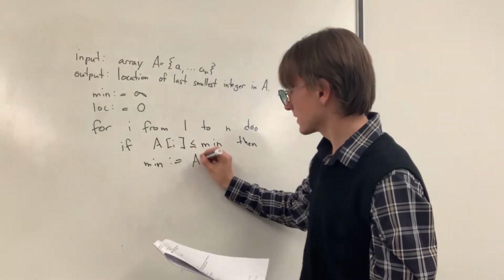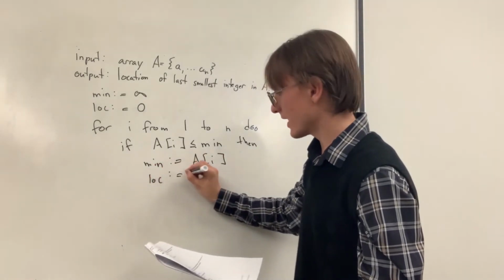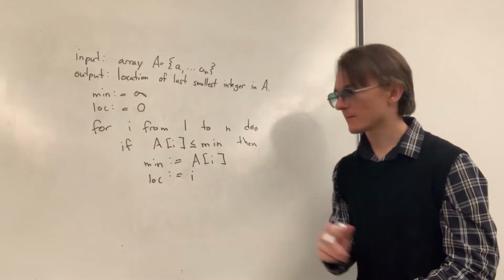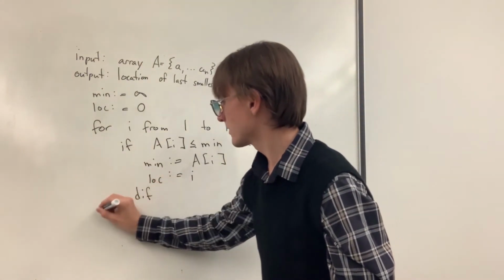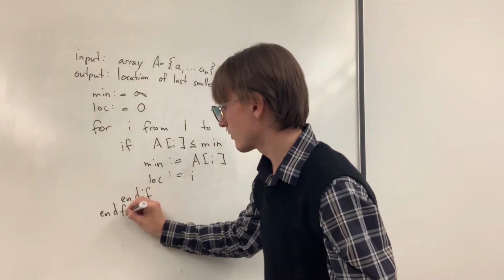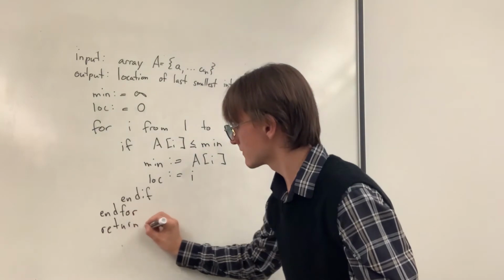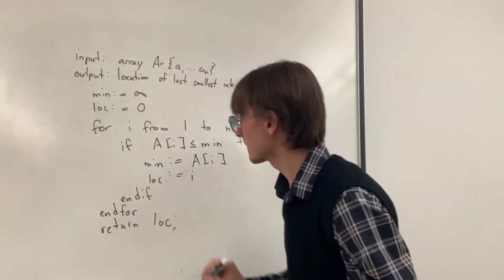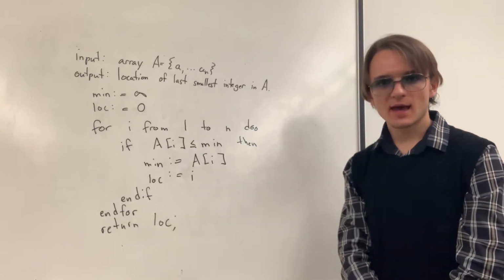Min becomes A of I, and the location of this minimum value is simply I within the array. Okay, we end our if, we end our for loop, and we return simply the location, which we called LOC.